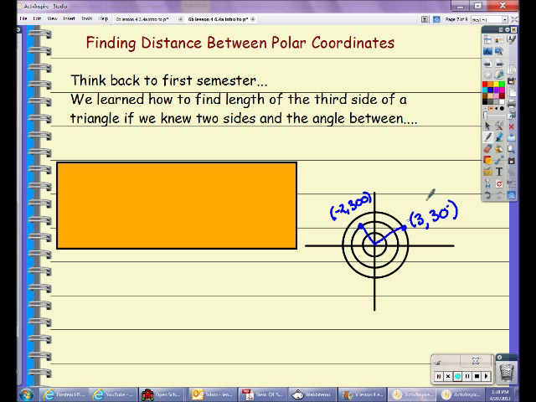We've got now the length of these lines. It's 2 and 3. And we can find the angle in between because we know the angles used to find those. Now, to find the angle in between, you would think you can use the difference.